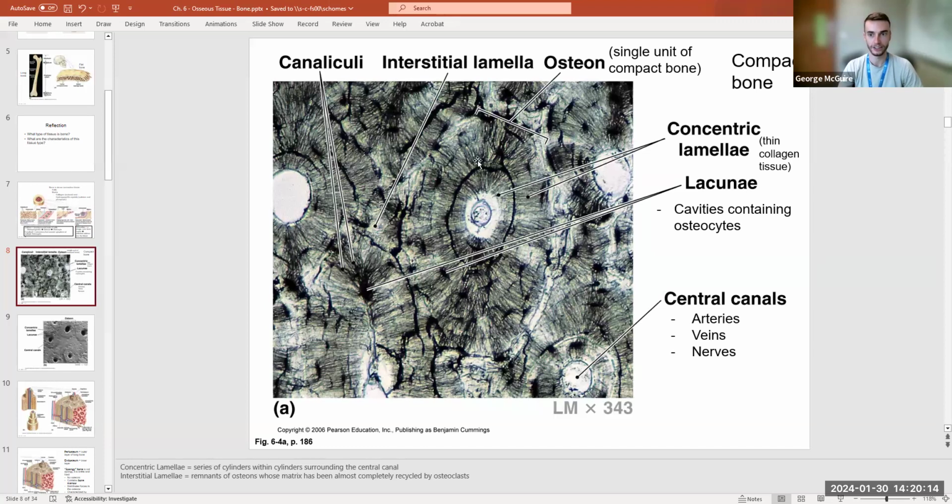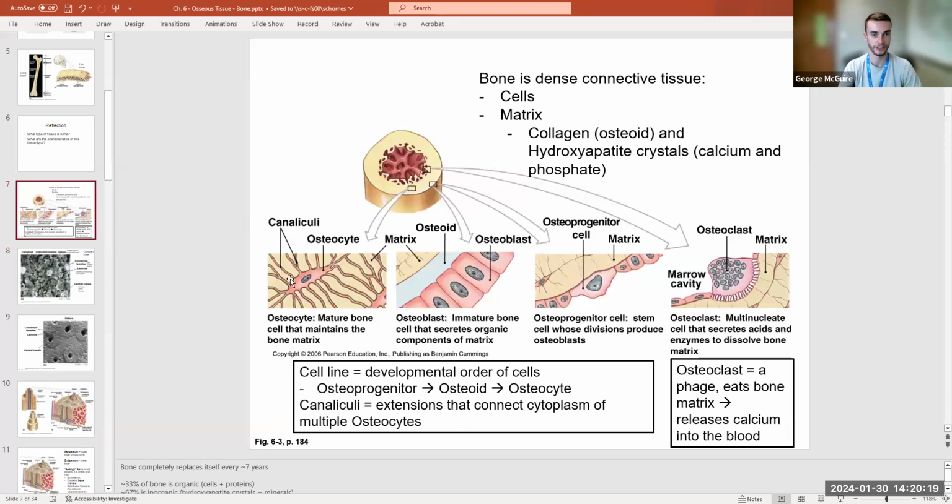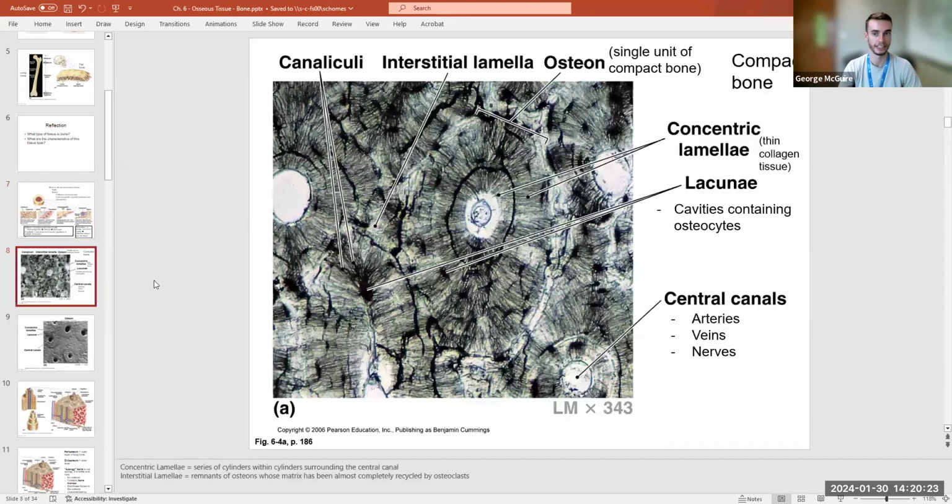But within this osteon, all the way to the central canal, you would just have those osteocytes surrounded by matrix, right? With their canaliculi, these canals, extending the plasma membrane between each osteocyte, allowing them to transfer nutrients through diffusion and through gap junctions. But again, a majority of this matrix, a majority of this mass is going to be those hydroxyapatite crystals.